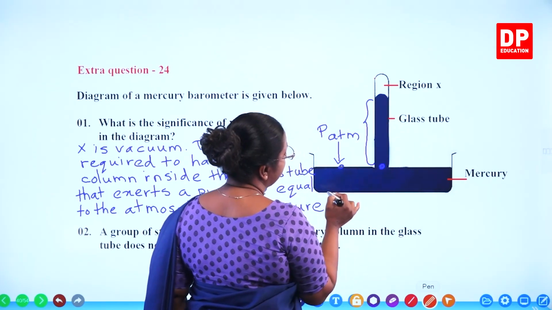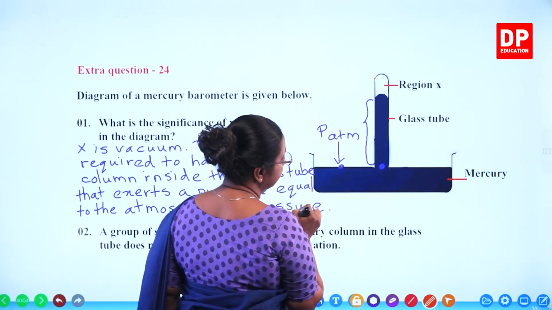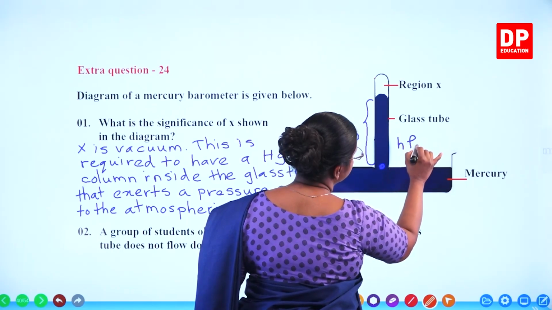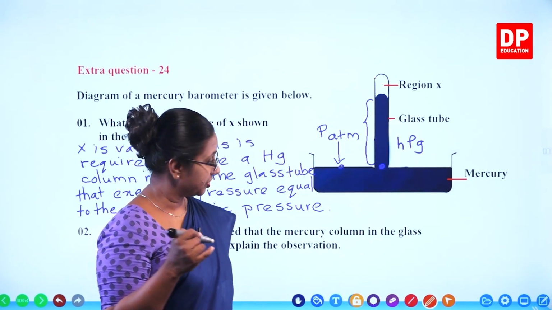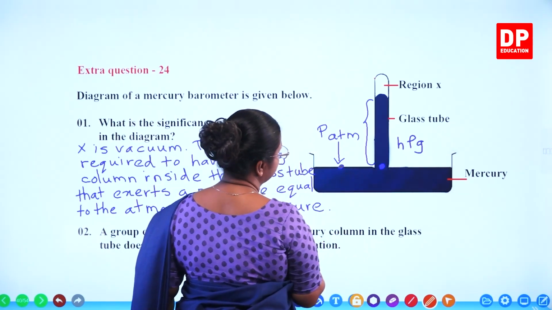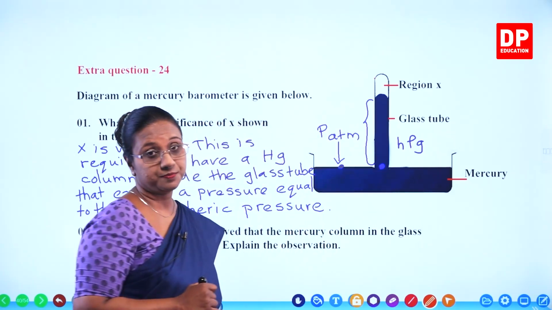This is the height. So, by the mercury column, there is a pressure exerted at this point that is equal to H rho G. That is why we use the height to denote the pressure. That same pressure at this point is equal to the pressure here, which in turn is the atmospheric pressure.